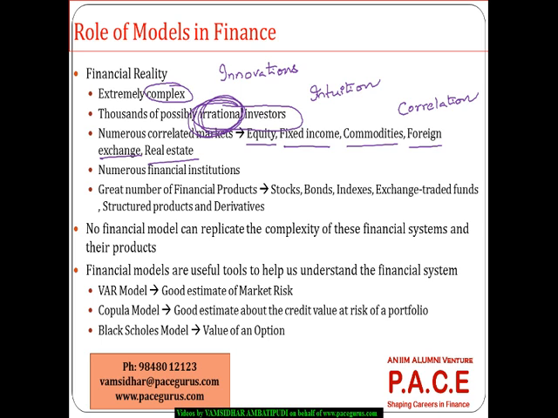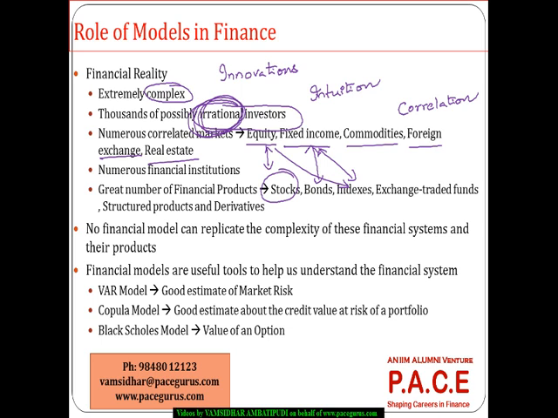Financial institutions wise, there are hundreds and thousands of financial institutions offering various financial services to clients. And looking at the products also, there are numerous products. On the equity markets, probably stocks are there. Fixed income markets, bonds as well as indexes. Even in the equity market, there are indexes. There are exchange traded funds.